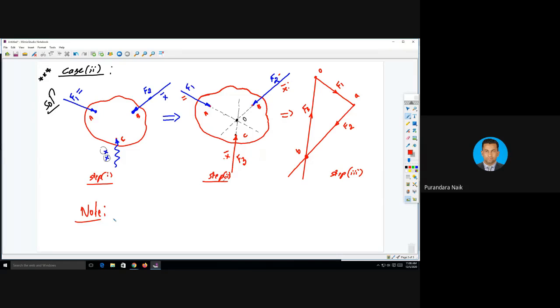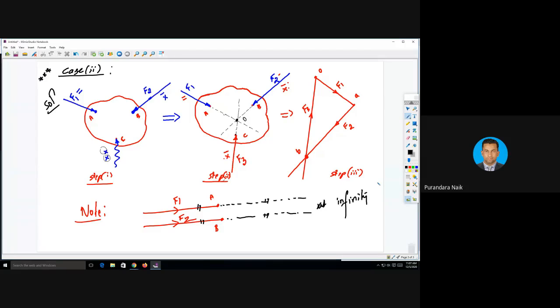What it indicates, the note. So if you have two forces, let us consider this is F1 and this is F2. These two forces are parallel, okay? So where is the point of concurrency of these forces? This is point A and point B. How do you find the point of concurrency or point of intersection? By extending the lines. But if these two lines are parallel, automatically the extension lines or lines of action are also parallel, where they intersect at infinity.